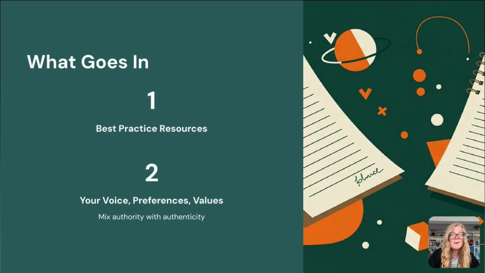You'll build two kinds of resources to make your personalized system. External best practice resources. That's industry frameworks, for example, Bloom's taxonomy for learning design. Role-specific tips, how-to guides, gold standard examples. And internal context materials.